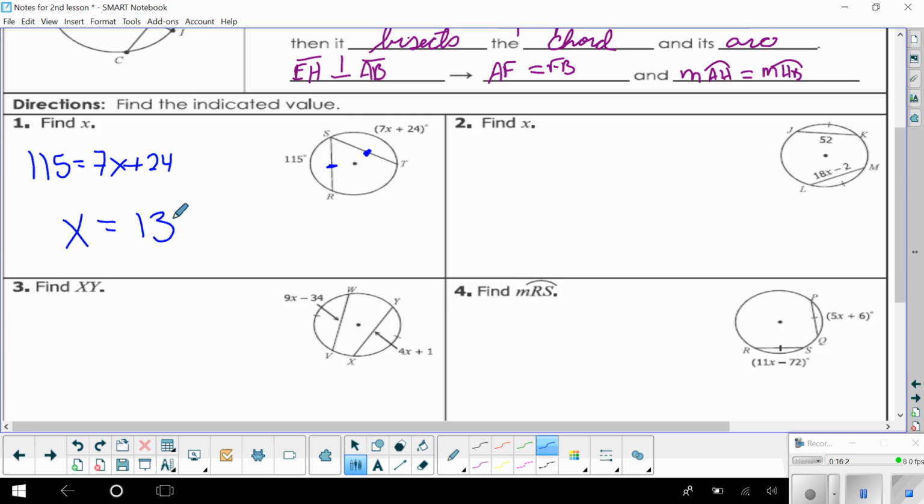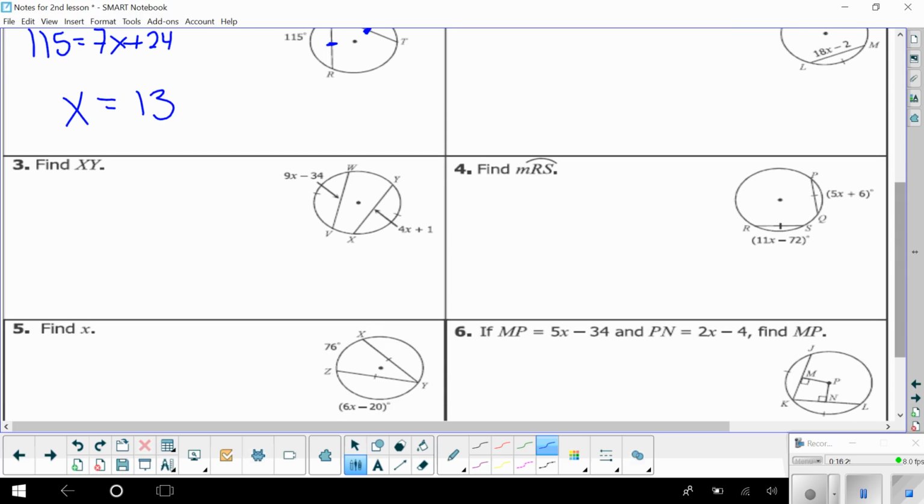If we look at number 4 here, it says that the chords are congruent again. Therefore, we can make the arcs congruent. And if we solve down, we get x equals 13.